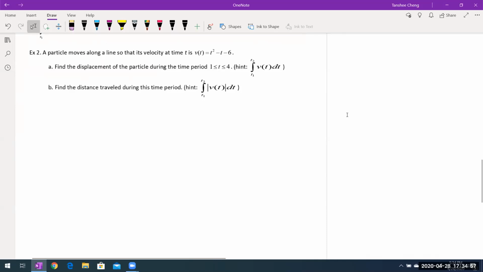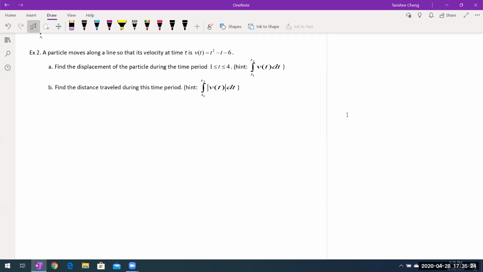Given a particle moving along, the velocity of that particle is given by the function t squared minus t minus 6. And the velocity is the rate of change of the position function.